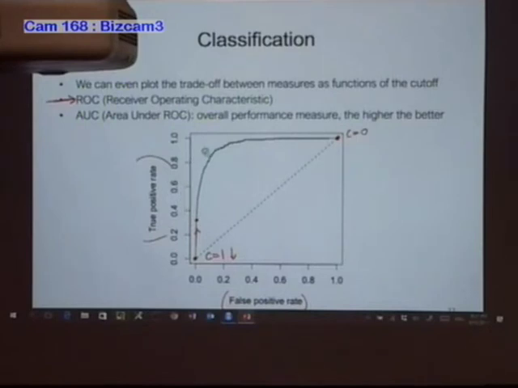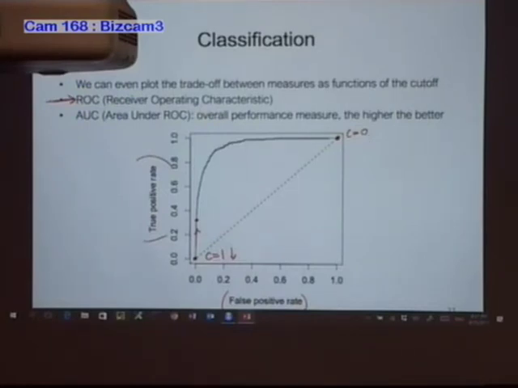But towards the end, you need to sacrifice a lot of the false positive rate in order to get some little increase in the true positive rate. Right? So that shows you some gradual trade-off over time when you move your cutoff from 1 to 0.